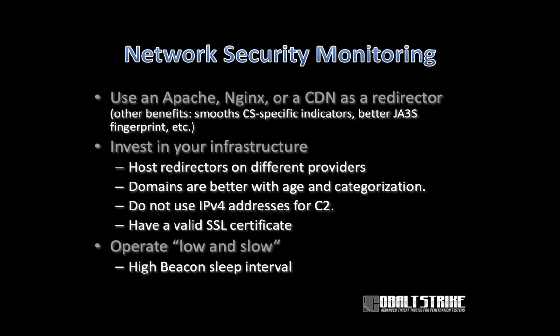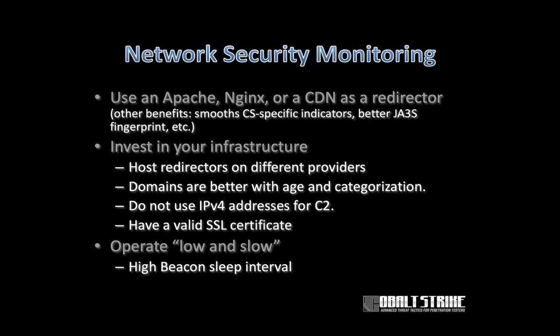A host header with a dotted quad or an IPv4 address is again a suspicious indicator and something that might draw analyst attention. Also, do have a valid SSL certificate, and no matter what, do not use the default Cobalt Strike SSL certificate.